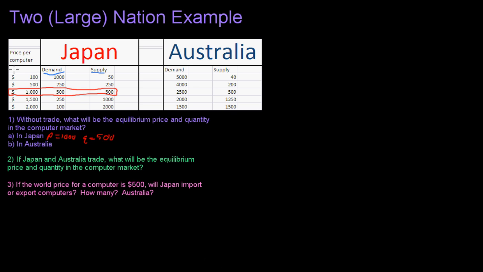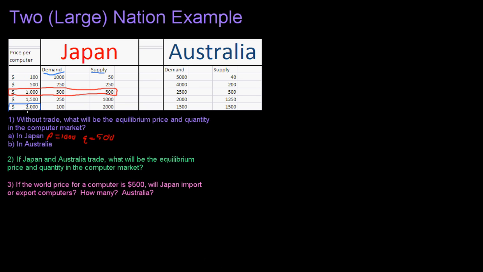So in Australia, though, we see that that is not the case. If we go over at $1,000 in Australia, the Australians demand 2,500 computers, and they're only willing to produce 500 computers. So we have to go all the way down to the very bottom where we see that Australia has an equilibrium when the price of a computer is $2,000.